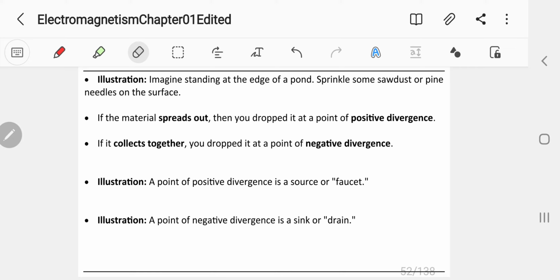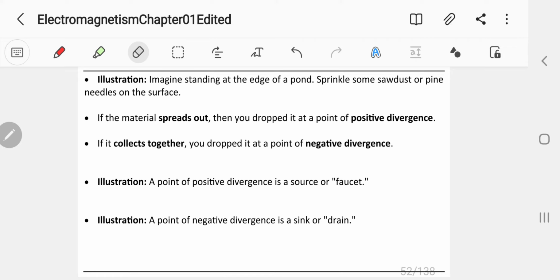Imagine standing at the edge of a pond. Sprinkle some sawdust or pine needles on the surface. If you know what sawdust is, when you cut a piece of wood, the dust that falls down from the saw is called sawdust. If you put the sawdust in the water, it spreads out.